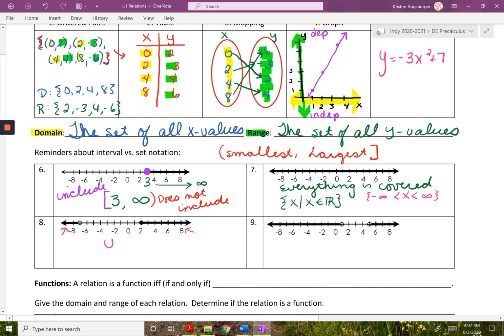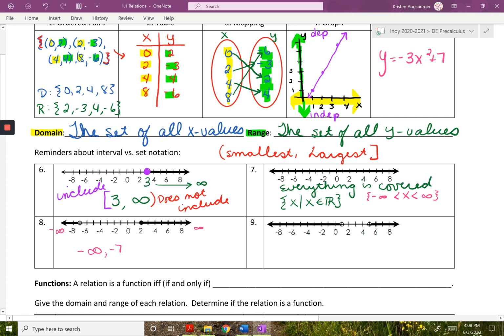That is what that U stands for. Now I'm going to represent both of these pieces on either side of that U. My negative infinity goes out that way, my positive infinity goes out that way. So I say it goes from negative infinity, always going from small to large, and I stop at -7.